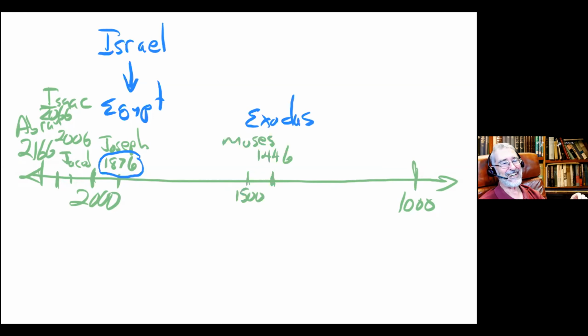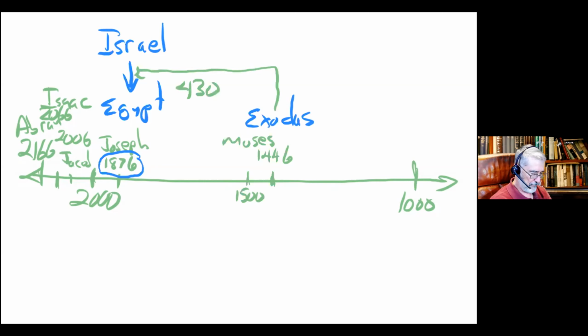I'm sorry, I'm getting myself all mixed up here. This is in Deuteronomy 12, I believe. It tells us that the period of time between the Exodus and going down into Egypt is 430 years.